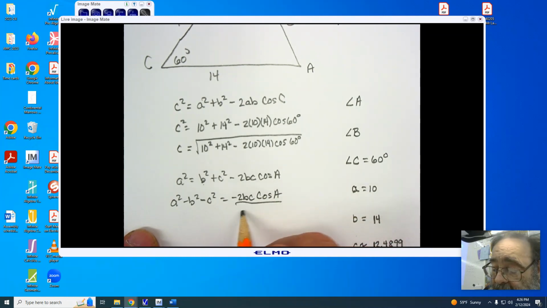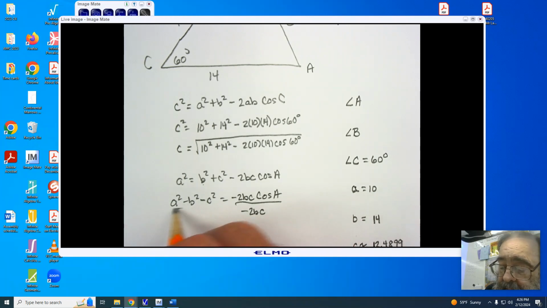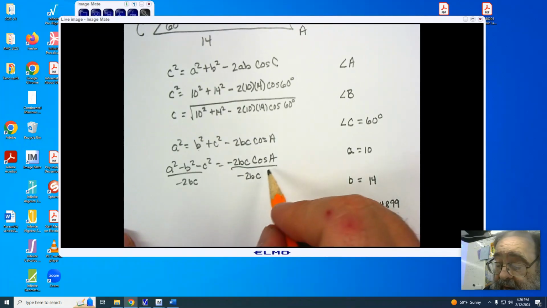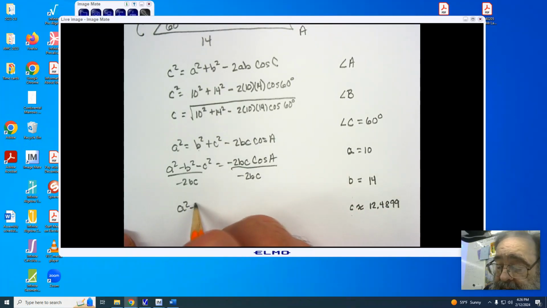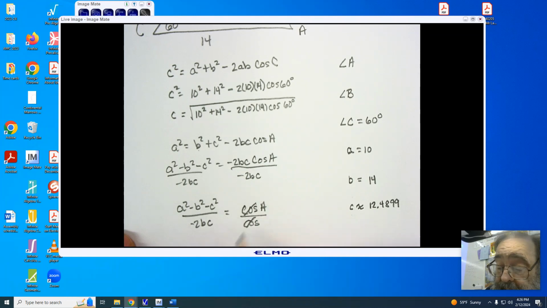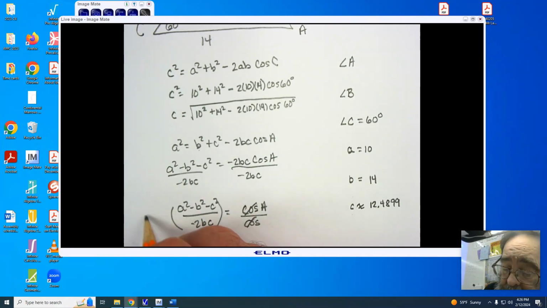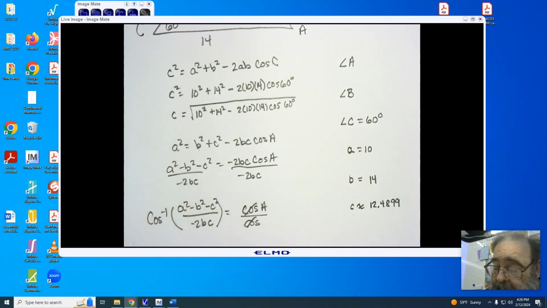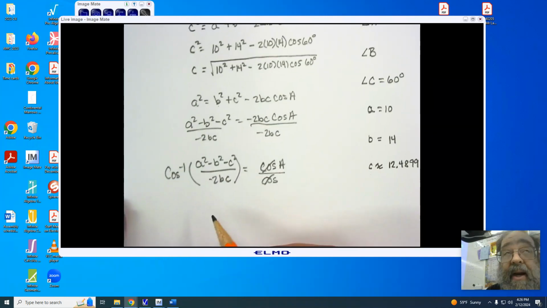To do that, I'm going to divide by negative 2BC. I then have A squared minus B squared minus C squared divided by negative 2BC is equal to the cosine of A. I'm now ultimately dividing by this cosine function. This is what we call the arc cosine. So on the opposite side, I'm going to put the arc cosine. This will now allow me to find A.